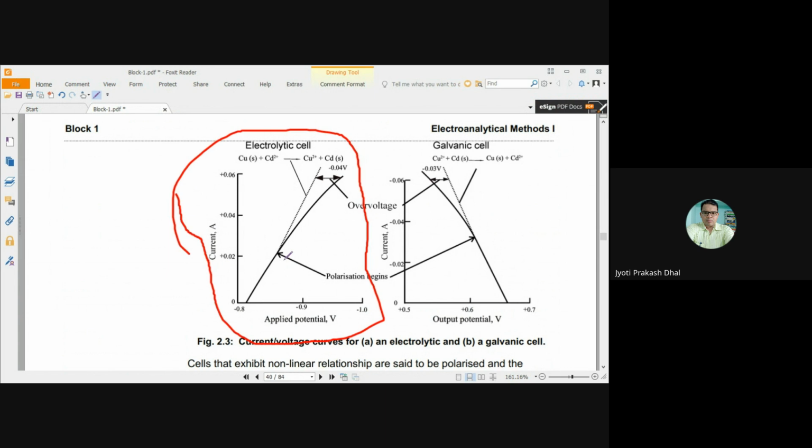When the applied potential is relatively small, linearity is maintained between applied potential and current. But when the applied potential is relatively large, the behavior of the graph deviates from linearity, and exactly the opposite happens in the galvanic cell.